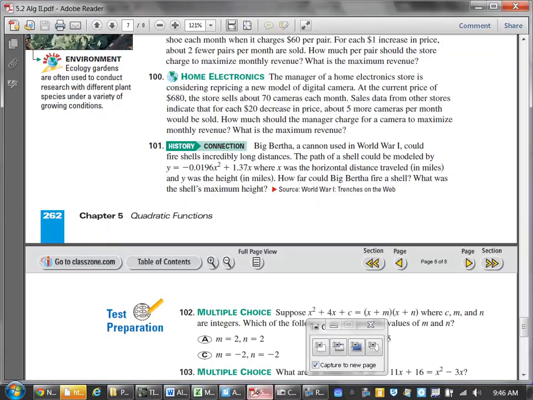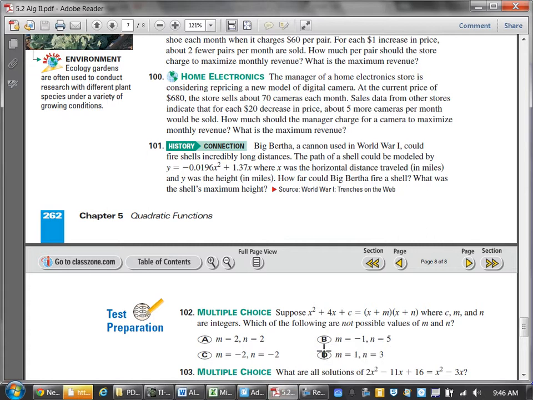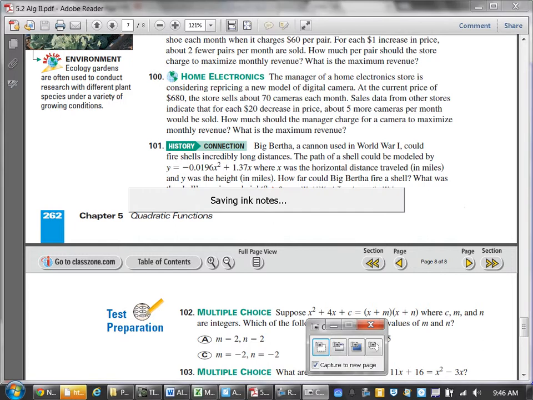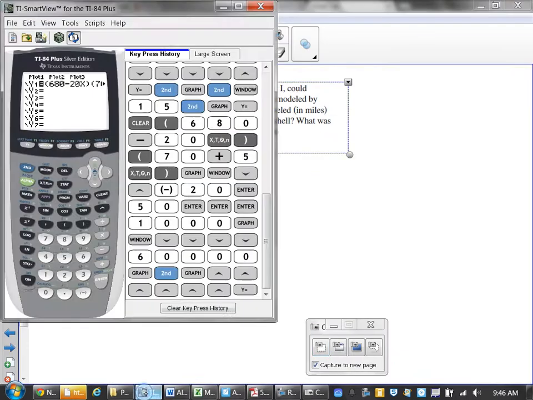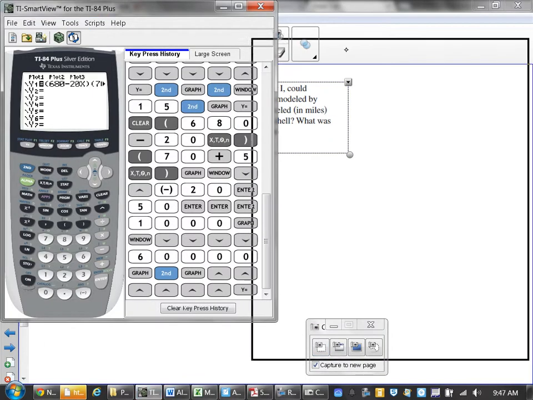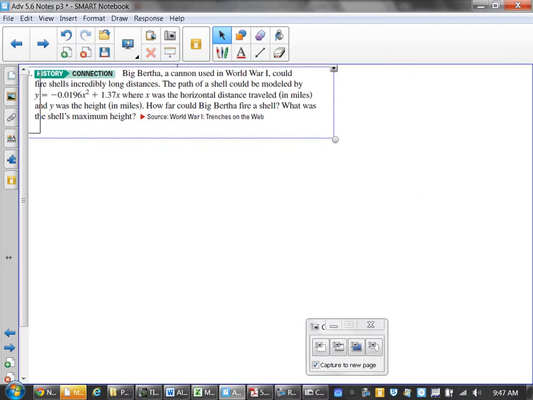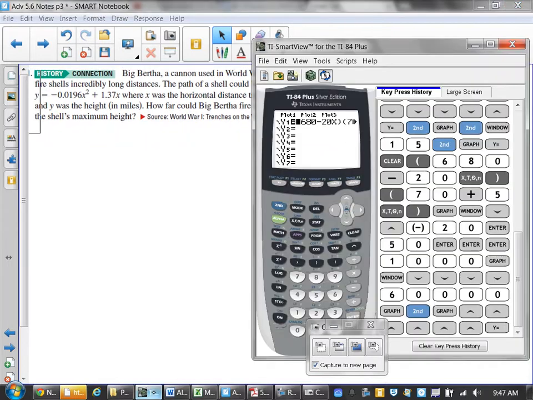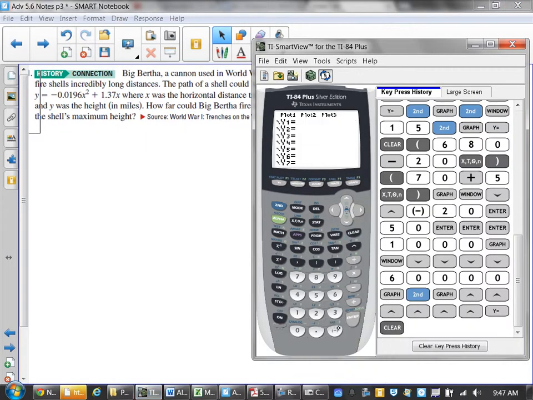All right. So go back to your y equals table.